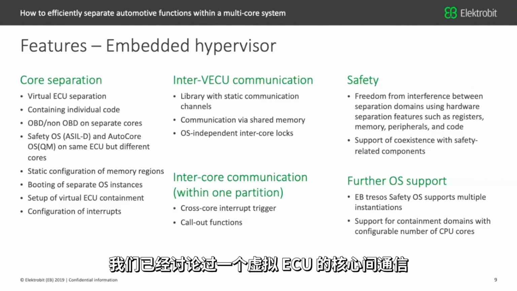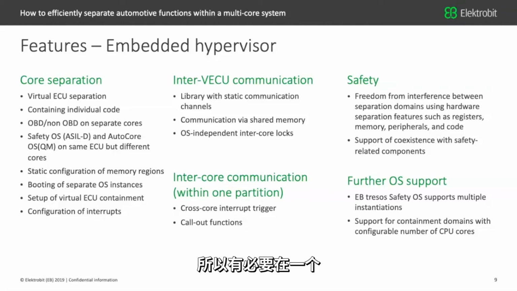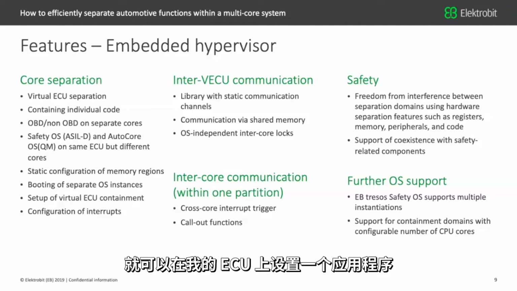The other part is, since we talk about inter-core communication within one virtual ECU, here it is also necessary to have some mechanisms provided by the OS. In a normal AUTOSAR system, the classic approach, I have a single application setup on my ECU.